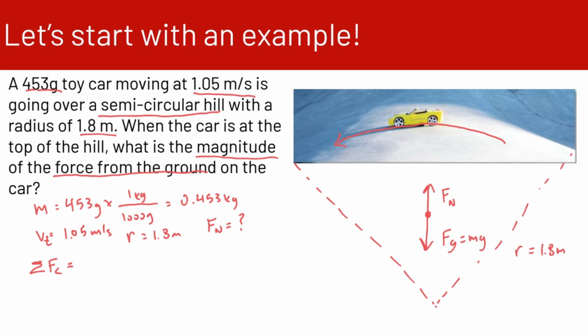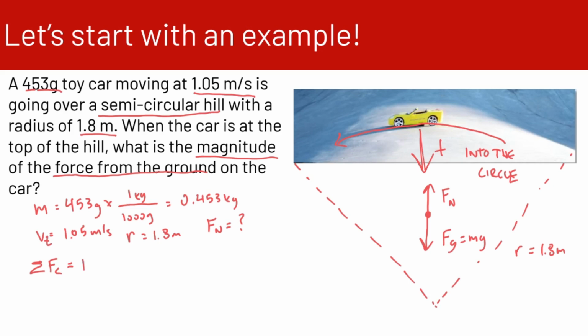So we're always going to point the positive direction into the circle. In this case, downward is positive because it's into the circle.